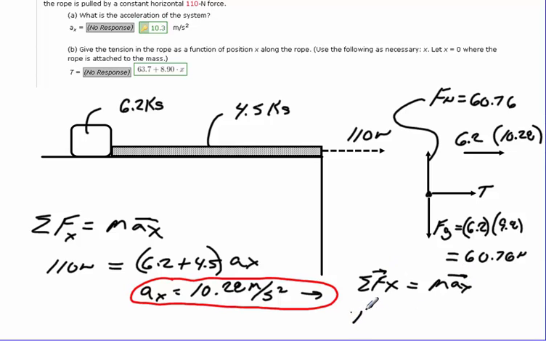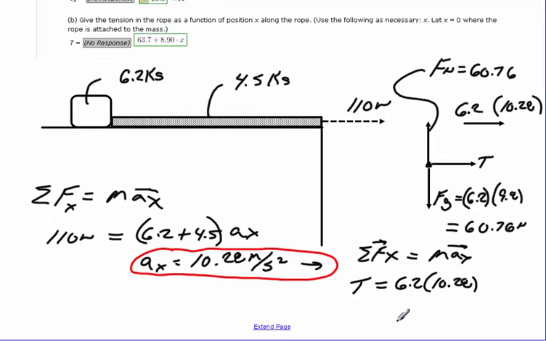When I do that, I get T equals 6.2 times 10.28, which gives me a tension force T of 63.736 newtons. Again, this isn't necessary, but I want to prove that the tension at this end of the rope is 63.736, and the tension here will be 110 newtons. That's only because the rope has mass along here.